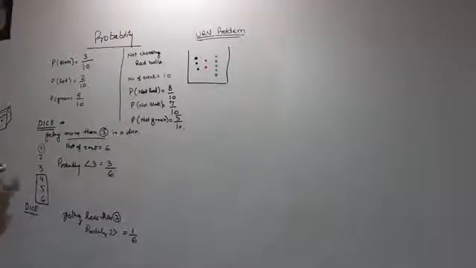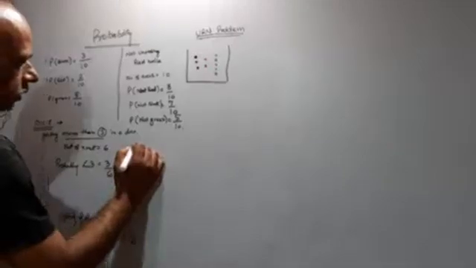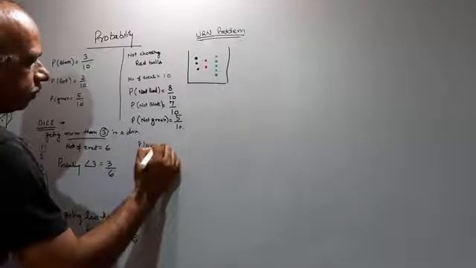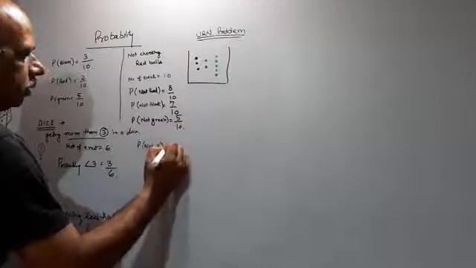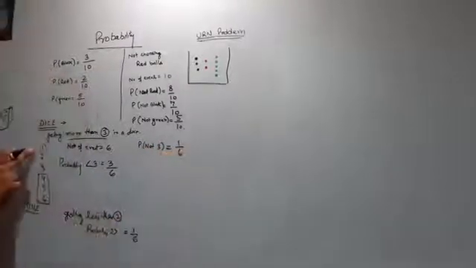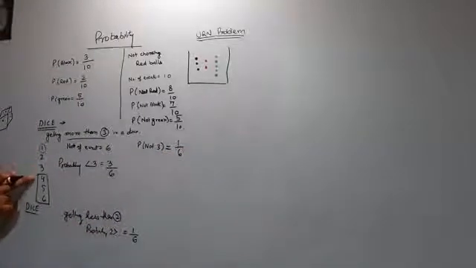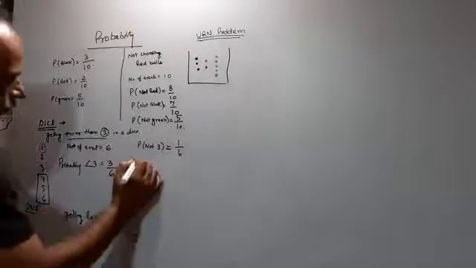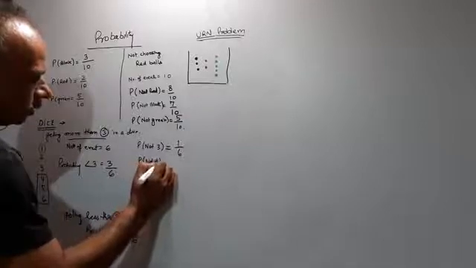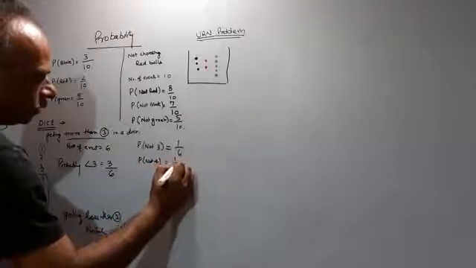So, what is the probability of not choosing 3? Probability of not choosing 3 will be 1 by 6, because there will be 6 number of events and one time you will not choose 3. What is the probability of not choosing 4? Similarly 1 by 6.